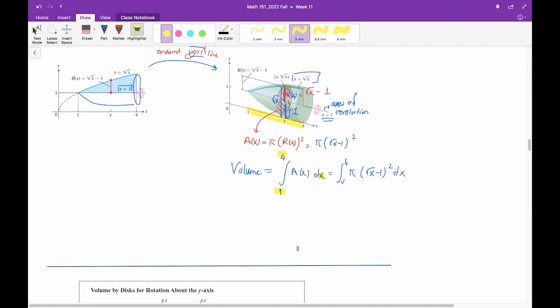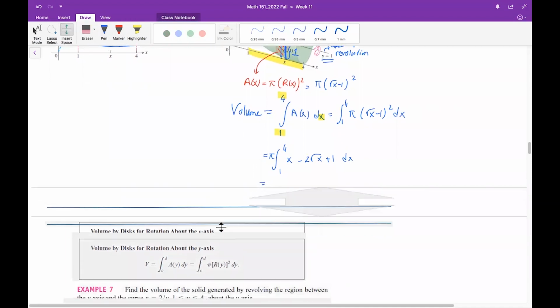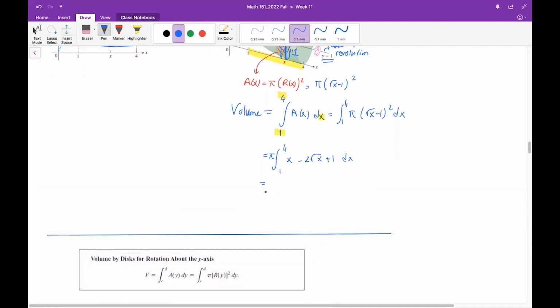Now, let's compute the integral from 1 to 4. Pi can be taken out. Let's compute the square first. It is x minus 2 square root x plus 1 dx. Now we all have power functions here.